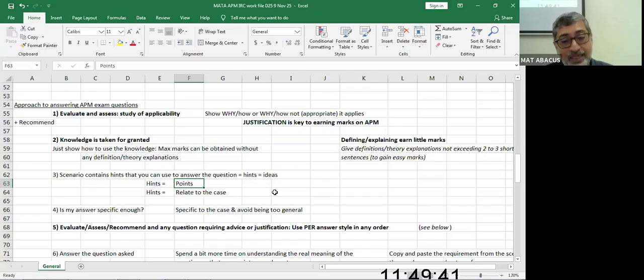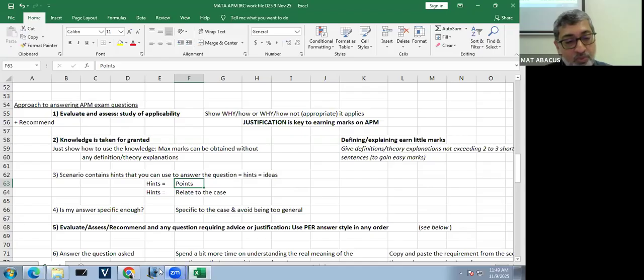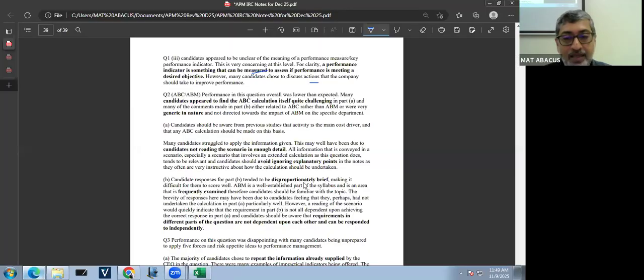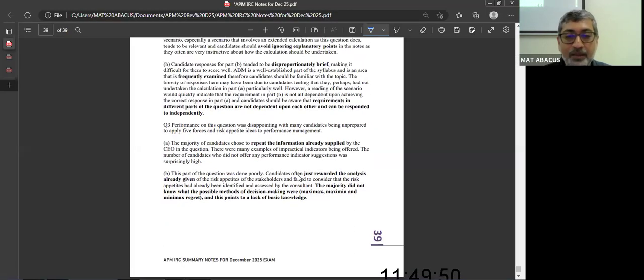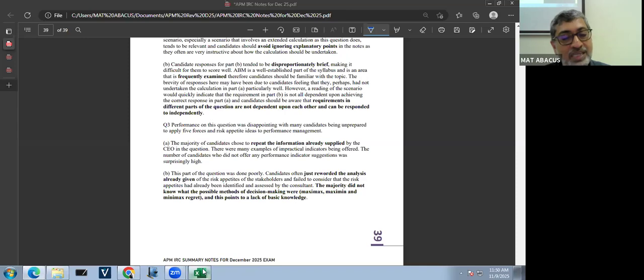Because you saw in the last few pages of comments that we've seen just now, that the examiner is quite unhappy with rewording, repeating the information already supplied. So it might fall under this. If it falls under this, then you're not getting any marks.